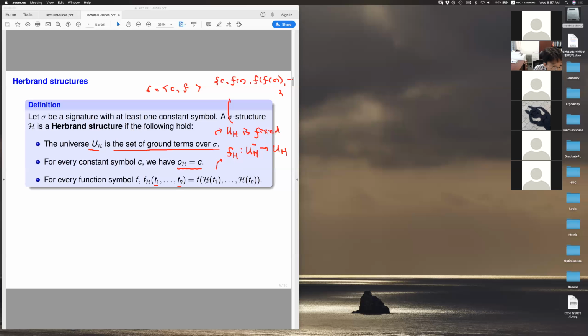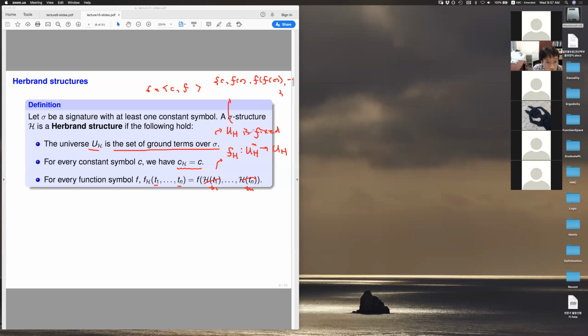The way we construct the new ground term is by just putting F in front of these as a function symbol, constructing the application ground term.